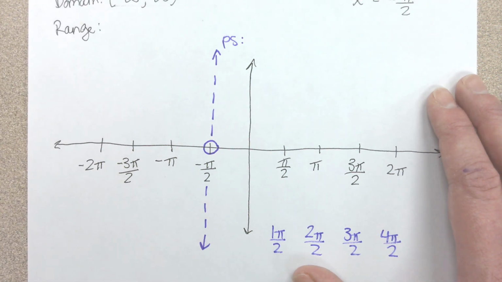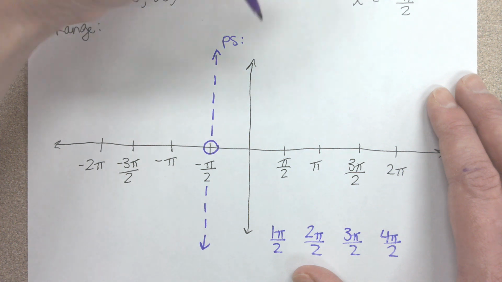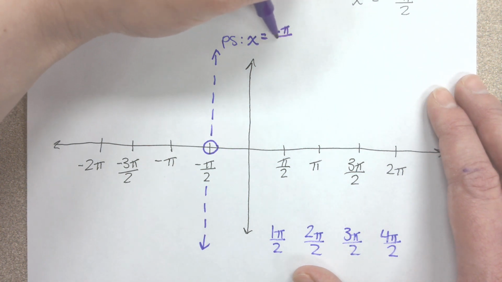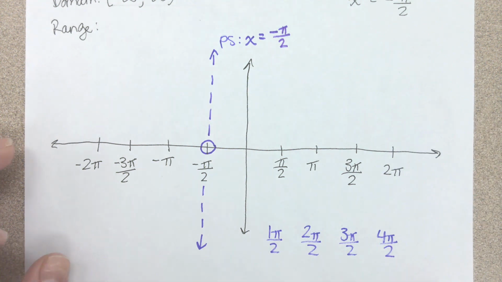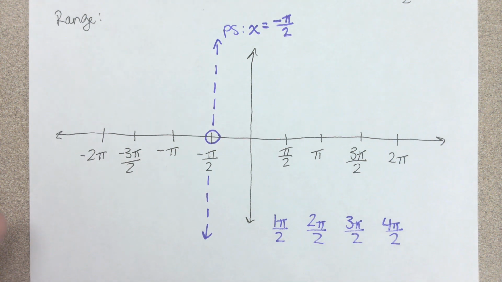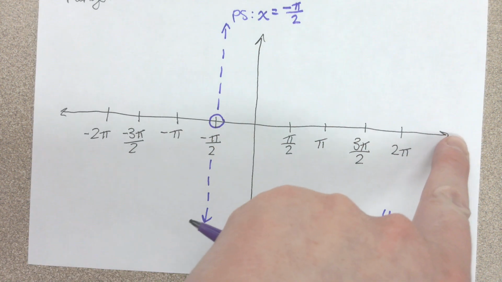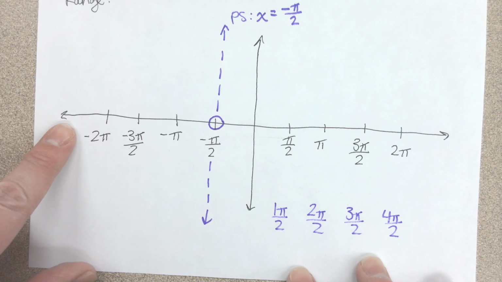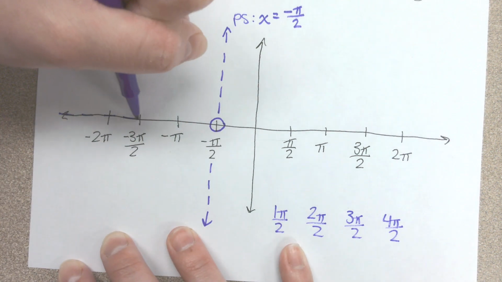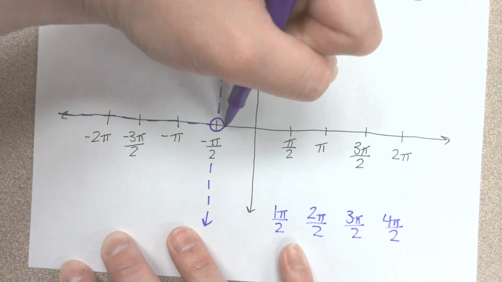This is not necessary, but sometimes it's nice to just label some extra stuff. So just labeling that this is the phase shift, again, of x equals negative pi over 2. Just for emphasis, because we usually don't think about it unless it gets moved, the x-axis here is going to be our midline since there was no vertical shift. So I'll draw over that for this example, just to emphasize that point.